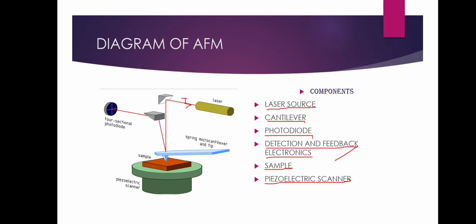A photodiode is nothing but a device which indicates the presence of light. The photodiode collects the reflected laser, and the current is transferred to the detection and feedback electronics, which in turn give the topographic or 3D image of the object.